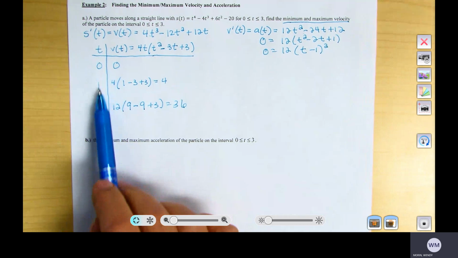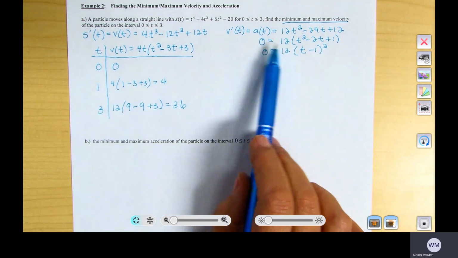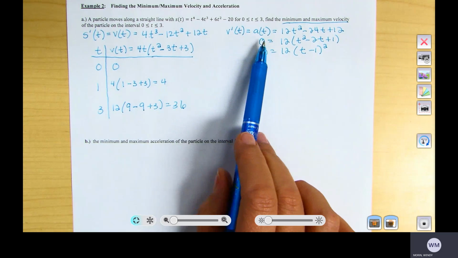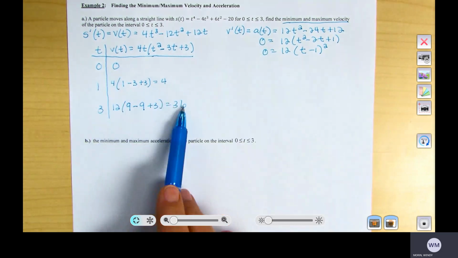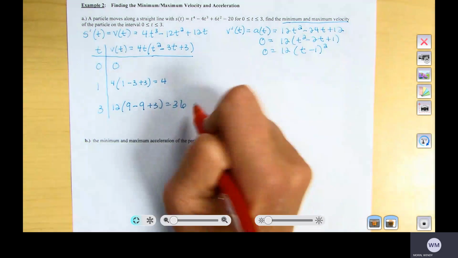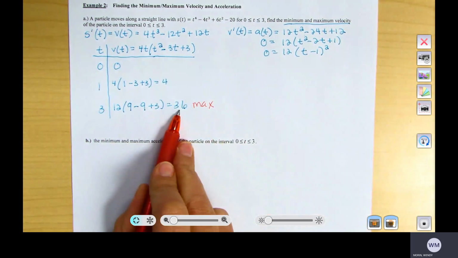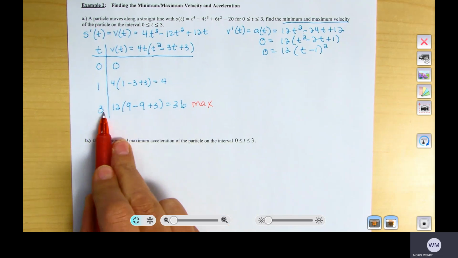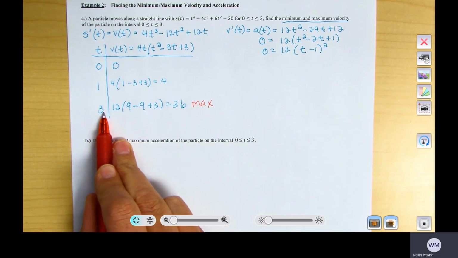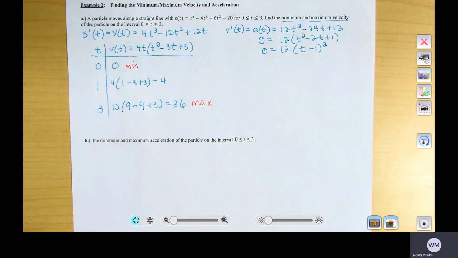So these were my critical values that came from the derivative of velocity equaling 0 and the endpoints. Which one is the maximum velocity? You have a maximum velocity of 36 at t equals 3, and you have a minimum velocity of 0 at t equals 0.